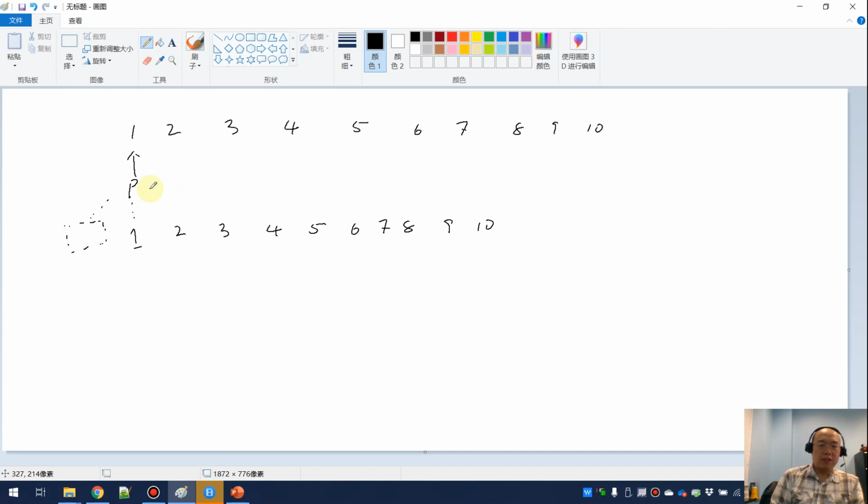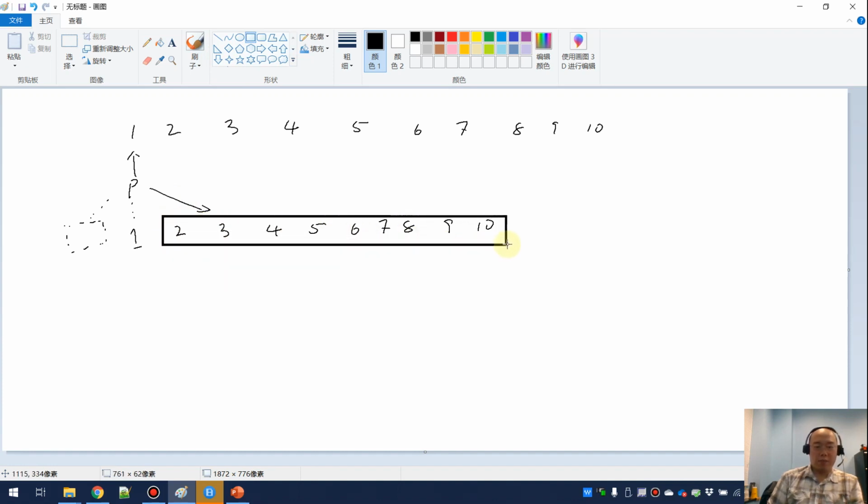So even though we have done a partition, for the left part there is no value at all, and 1 is the pivot. We won't bother to touch the pivot anymore, but we still have to sort the right sublist. And for the right sublist, we have n-1 values to be sorted.